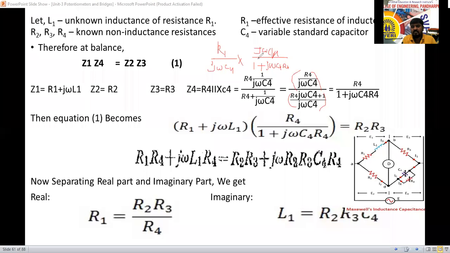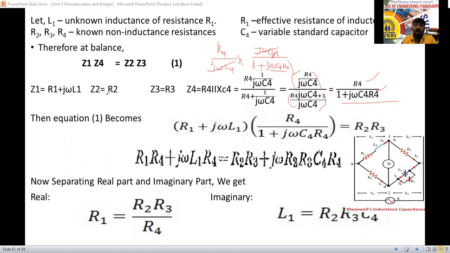Now can we cancel this j omega C4? Yes, sir. So the left term is R4 divided by 1 plus j omega C4 R4.